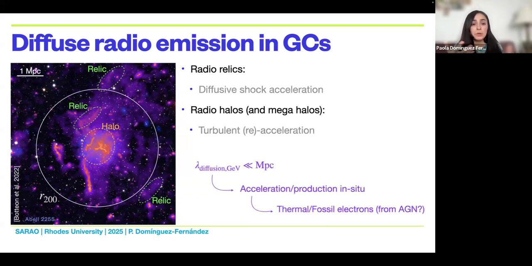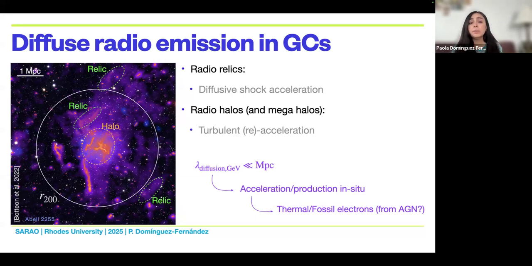Probably some of you have already heard about these particle acceleration mechanisms, right? In terms of radio relics, people talk a lot about the diffusive shock acceleration mechanism. In terms of radio halos, people talk about turbulent reacceleration mechanisms. I just want to remind everyone why we even talk about these particle acceleration mechanisms.